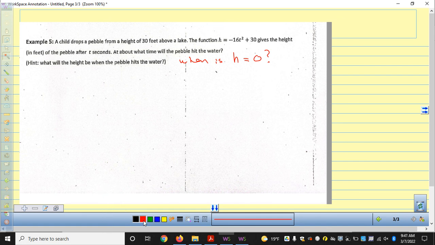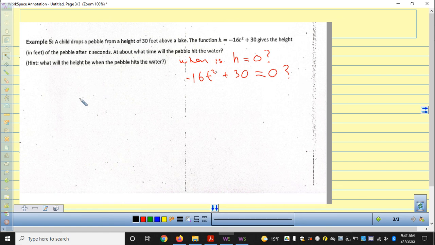So if we're talking about an equation, we'd be saying, well, when is negative 16 t squared plus 30 equal to 0? That's another way we could ask this question. And in a couple of sections, we'll talk about how we solve that equation. Today we're just going to solve it by graphing.